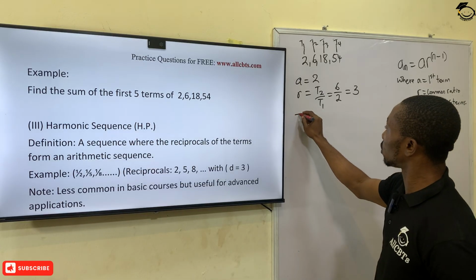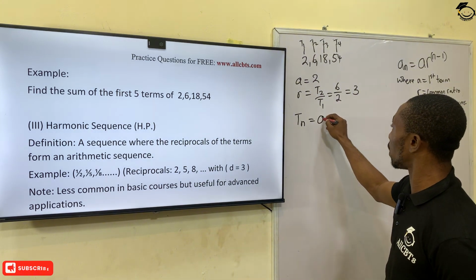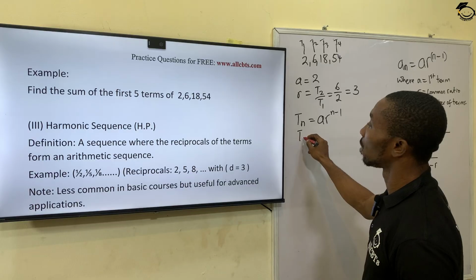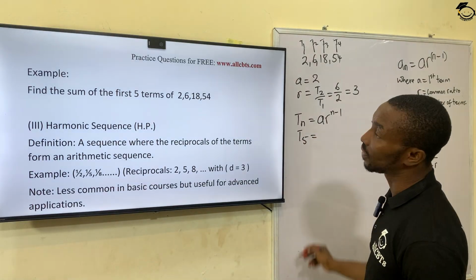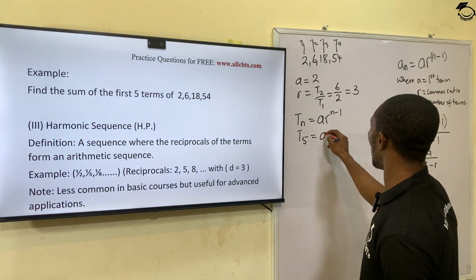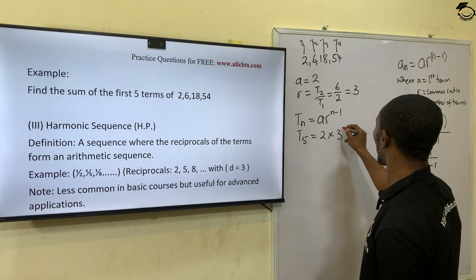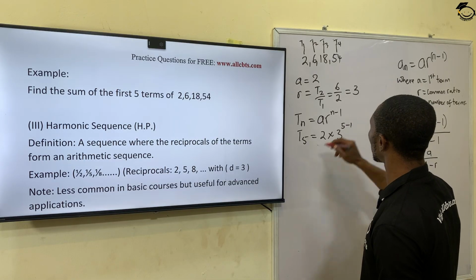So if we use our general term, Tn equals a r to the power n minus 1, our T5, which is our 5th term, would be a, which is 2, times r, which is 3, raised to power 5 minus 1.